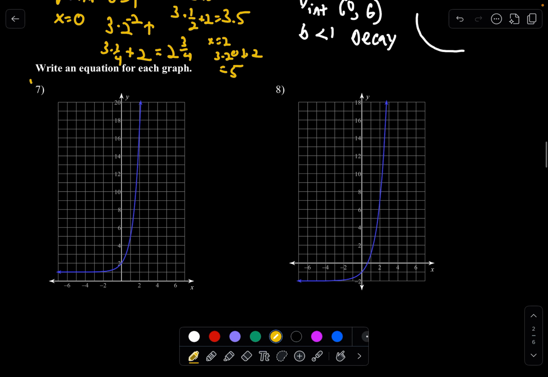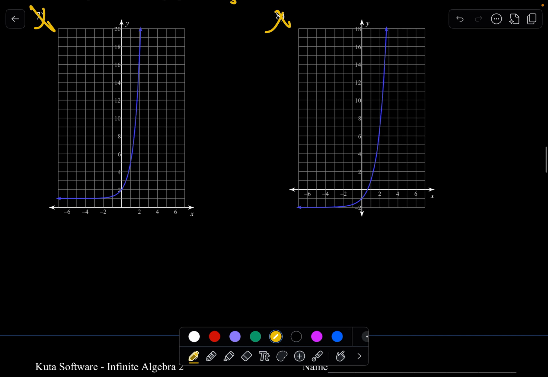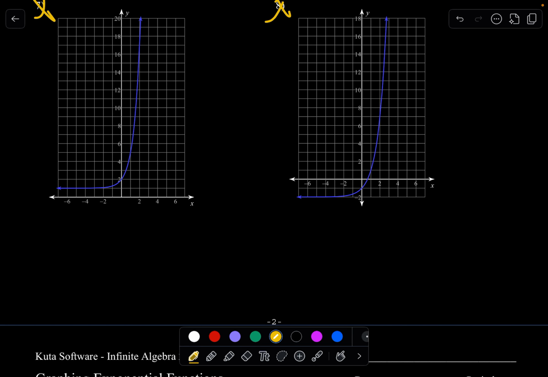Okay, don't worry about this because I'm not going to ask you to do that. By the way, the horizontal asymptote here is y equals negative 2, and the horizontal asymptote on this one is y equals positive 1. Okay? So just to let you know, that would imply that your equation would be y equals a times b to the x minus 2.